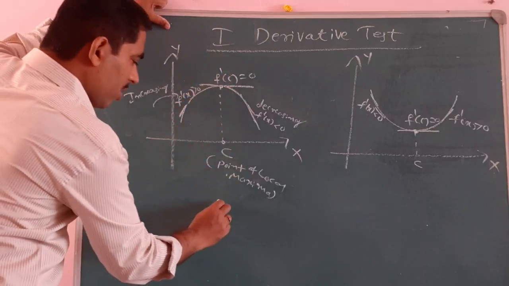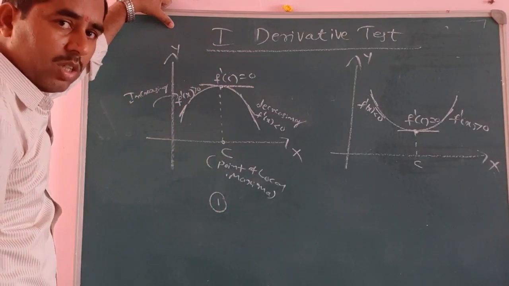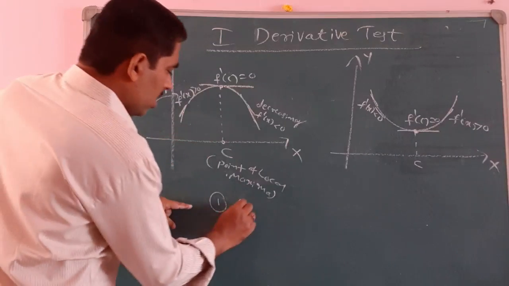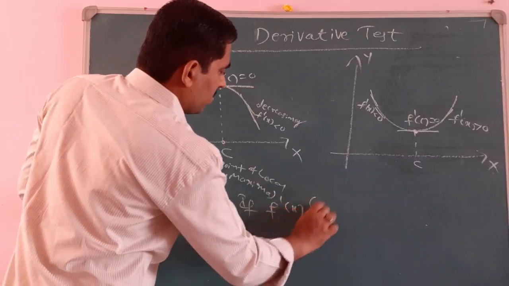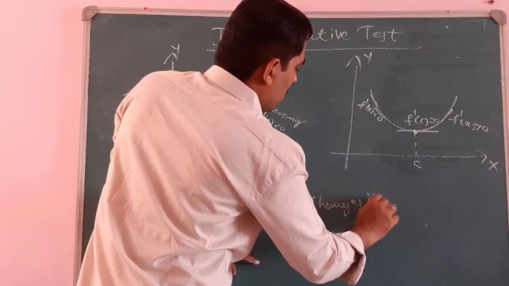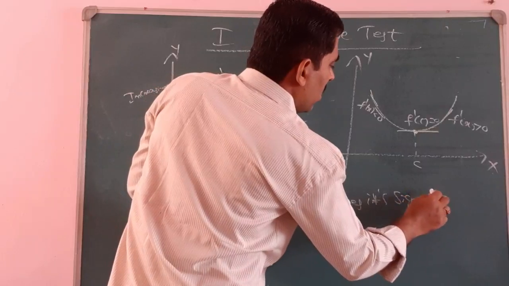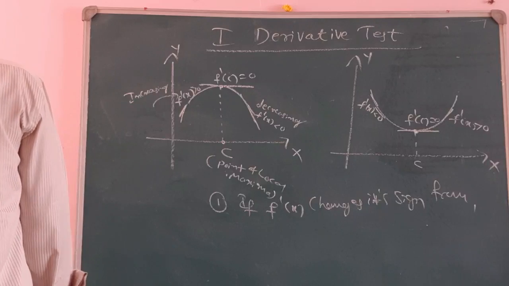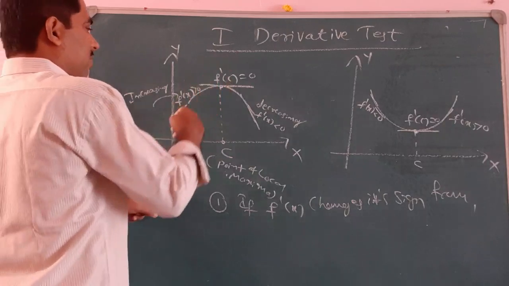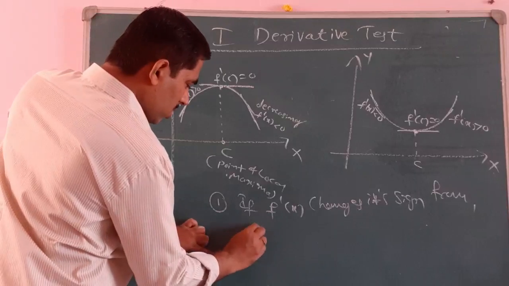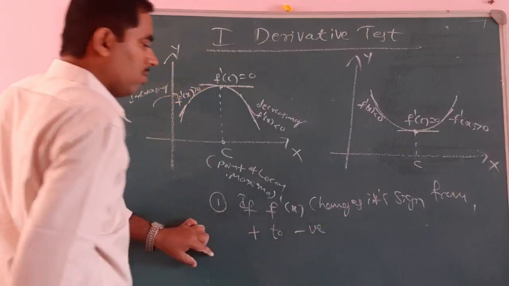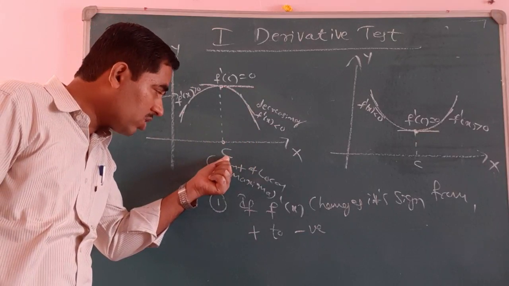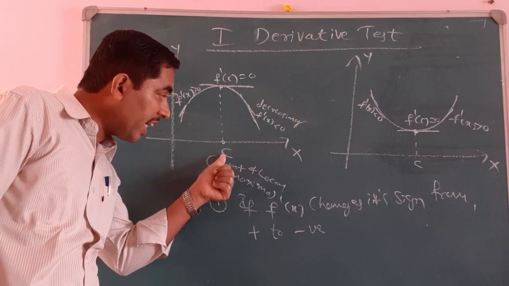So what is the statement of the first derivative test? If we have a function f of x which is differentiable in the interval, and if f dash x changes its sign from positive to negative, taking the first case, we must consider the values slightly less than c and slightly greater than c.